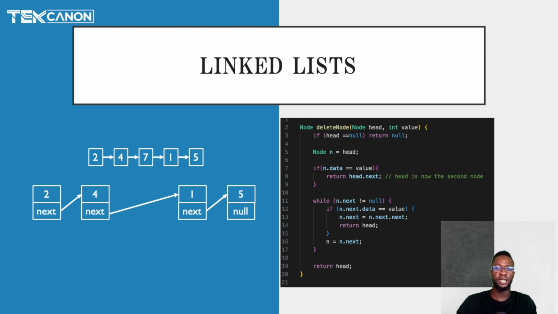Skipping that, we go to line 5, where we instantiate the head of our node, which is the starting point, 2. And then on line 7, we check if n.data, which is 2 in this case, is equal to value, our 7. Value is 7 in our scenario. Return head.next.